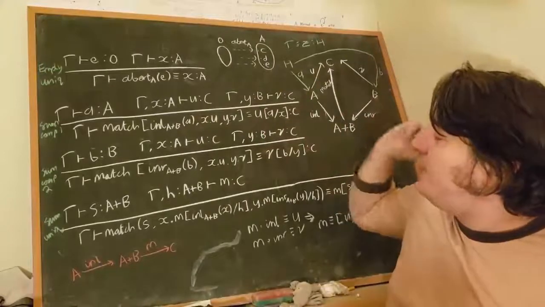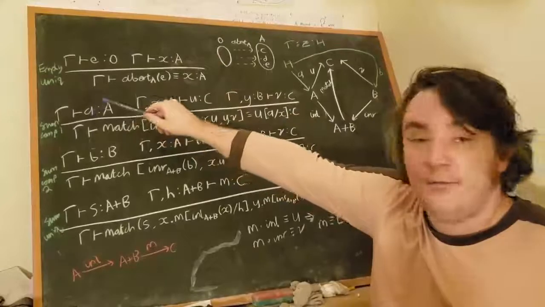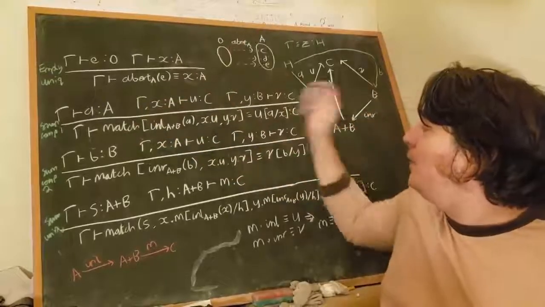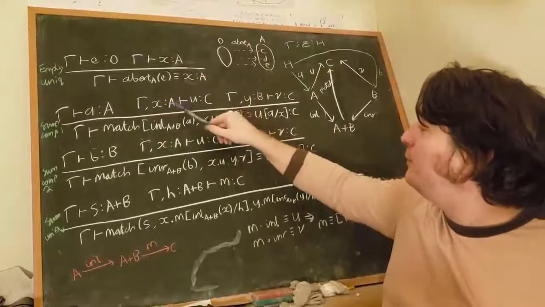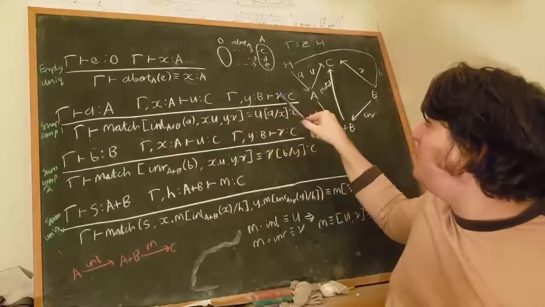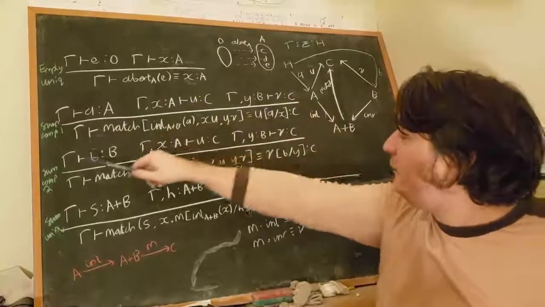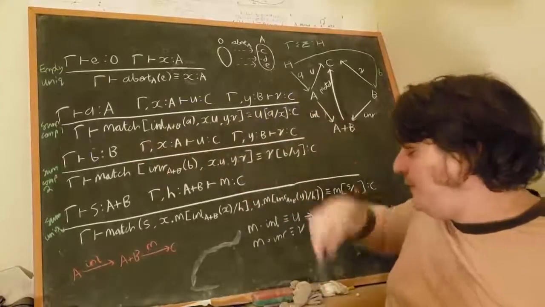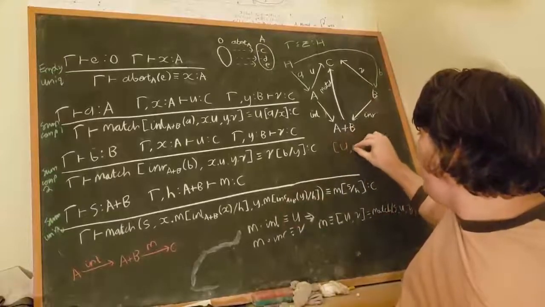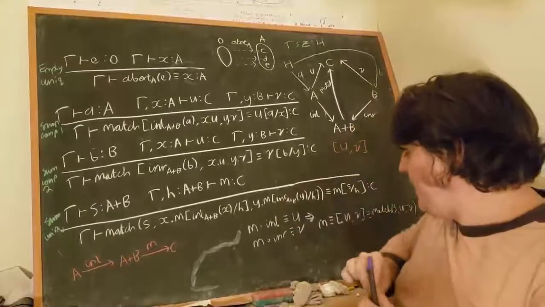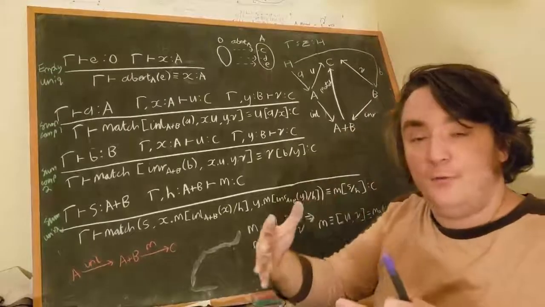And what it says is that if we have a context gamma and we have a value a of type capital A, and also if we have a function u from A to C and a function v from B to C, well then when we form this function, I like to write it as u comma v in square brackets, so it's this kind of piecewise function.